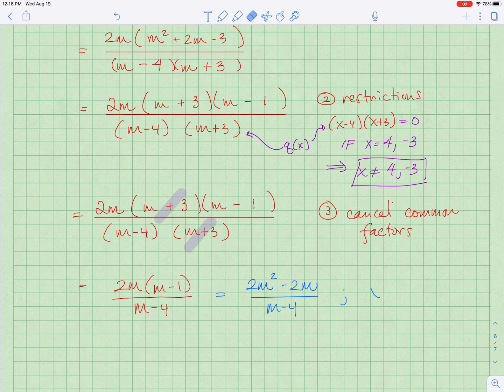Why did I write x? Sorry, these are m's. All of these are m's. You just get locked into x mode all the time. M, M, M, M. Provided m is not the number 4 or negative 3.